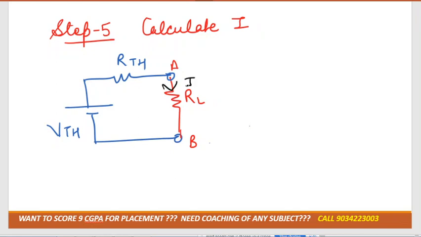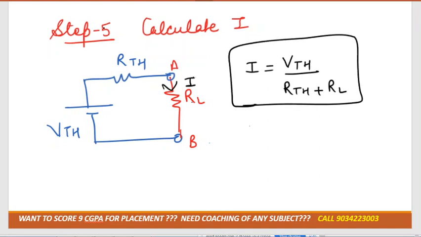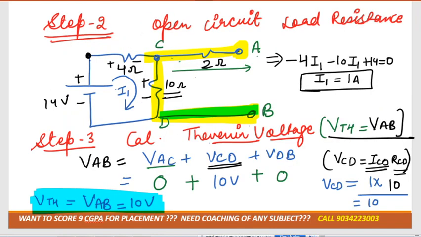In the last, we need to calculate the current across the load resistance only. So according to this, we have the formula I equals VTH divided by RTH plus RL, right? We calculated the value of VTH, we got it as 10 volt.